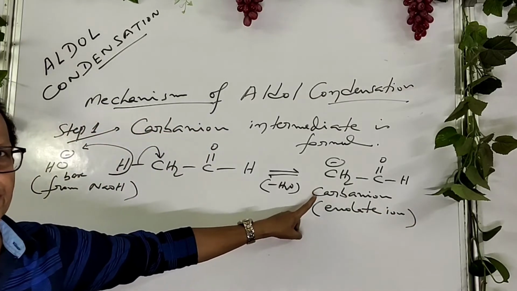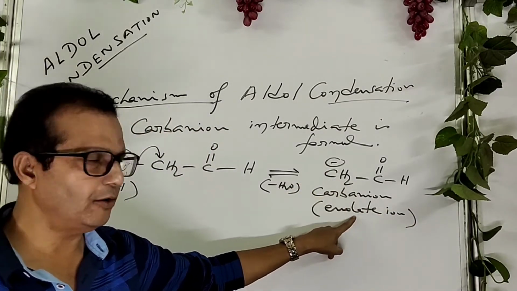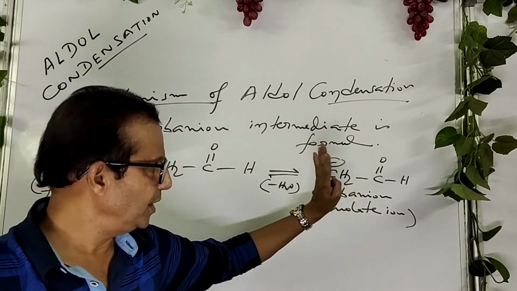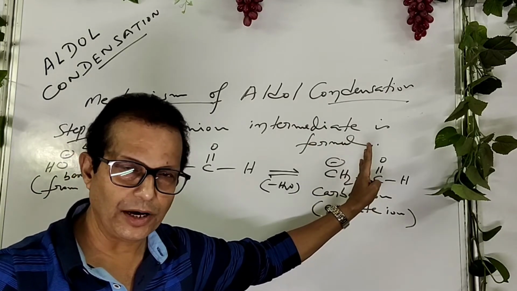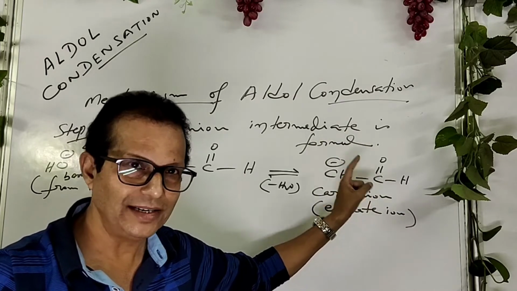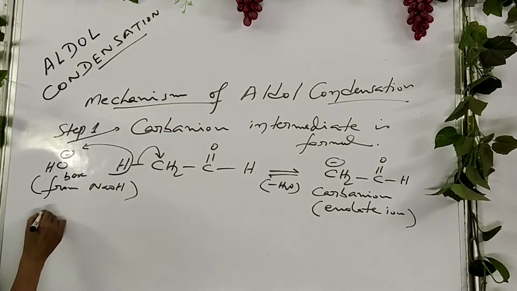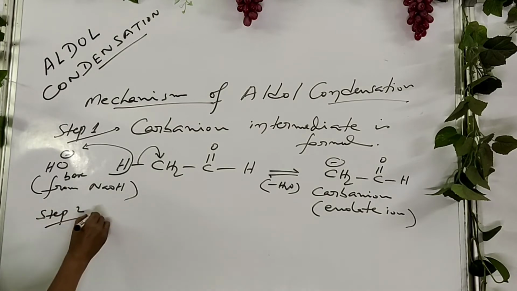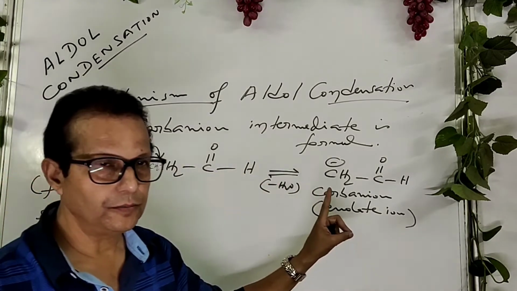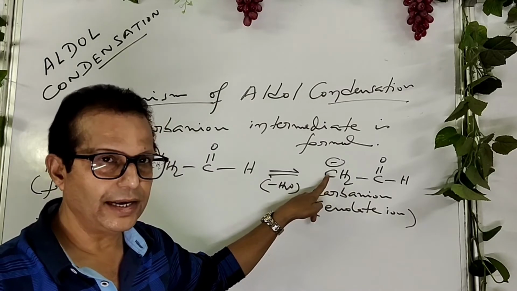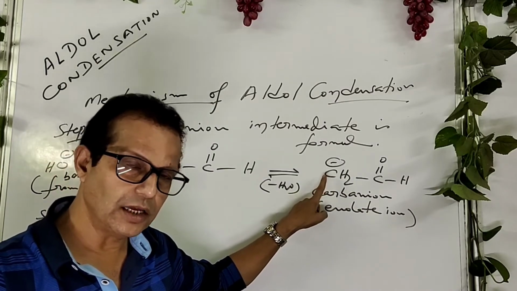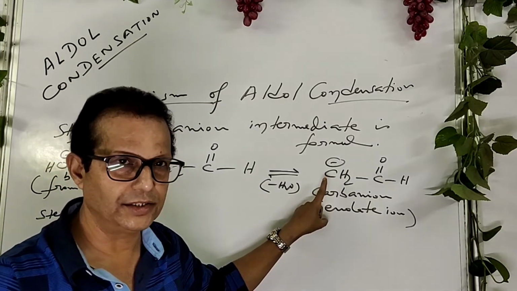This is an intermediate called carbanion or enolate ion. It is stabilized by tautomerism, that's why it is stable and it has some life. In step 2, this carbanion gets attached with another molecule of acetaldehyde.